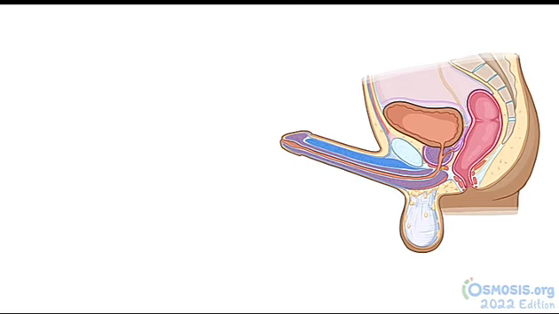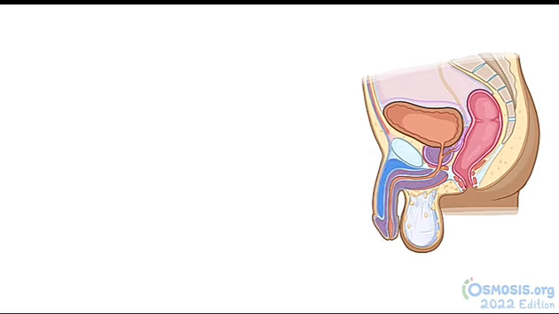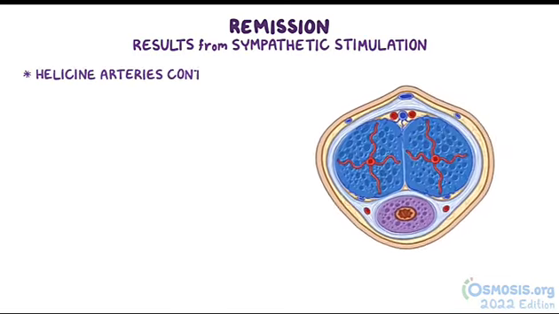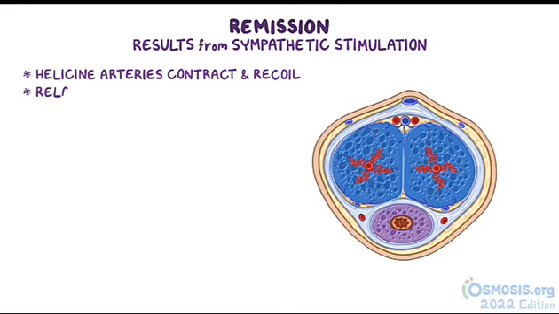After ejaculation, the penis gradually returns to its flaccid state in a process called remission. This process results from sympathetic stimulation, which causes the helicine arteries to contract and recoil, and relaxes the bulbospongiosus and ischiocavernosus muscles.